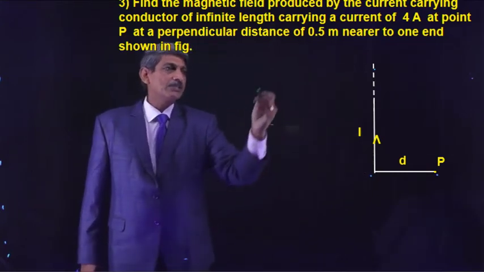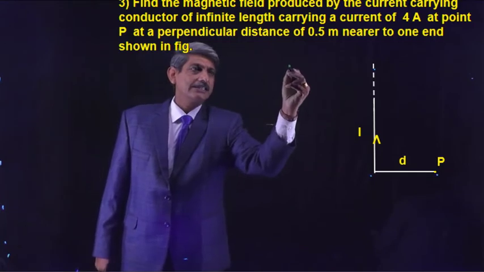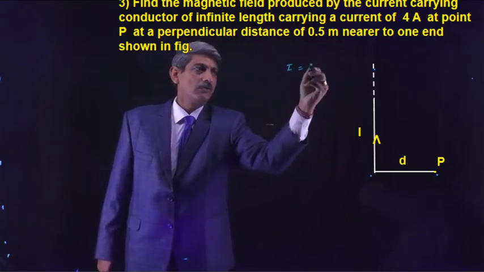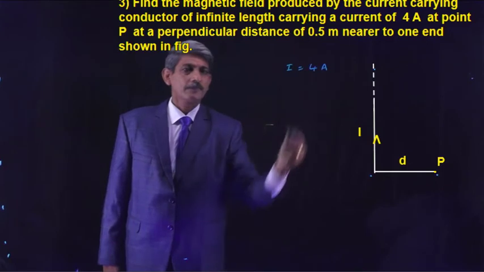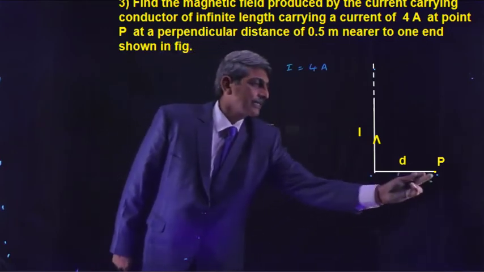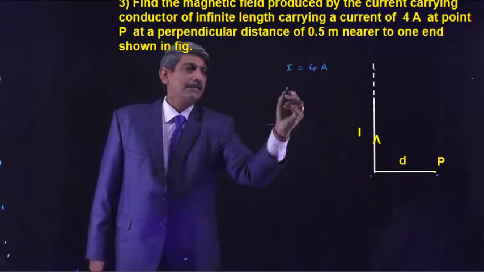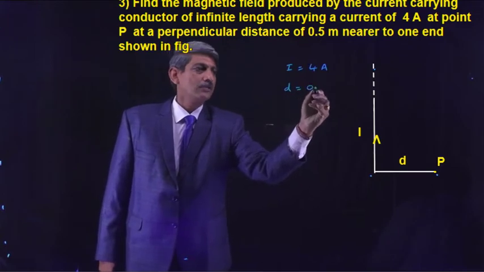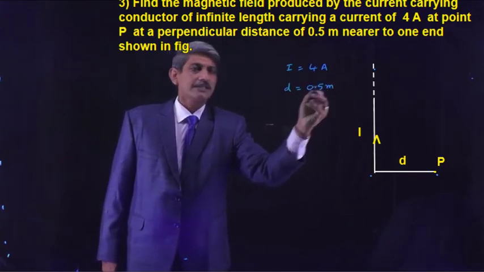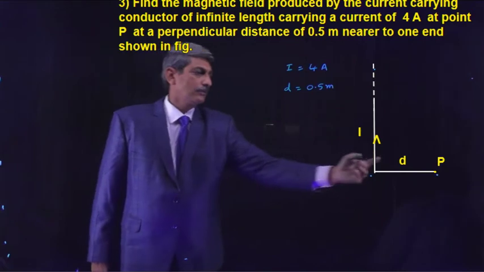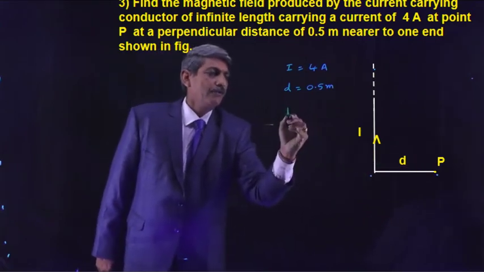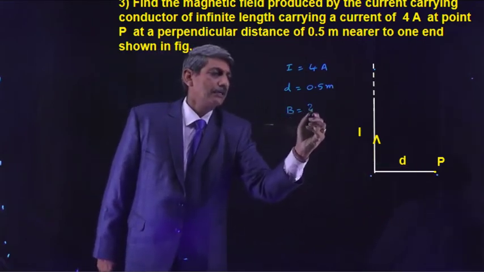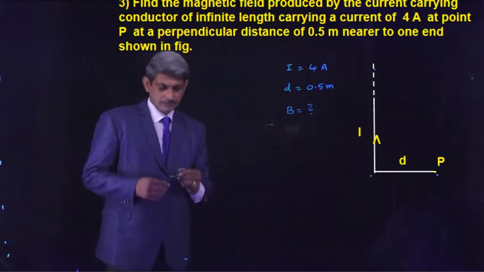The current passing through the wire is given, that is I is equal to 4 amperes, and the perpendicular distance of the point is also given, that d is equal to 0.5 meters. Now at this point P, we want to determine the magnetic induction value.